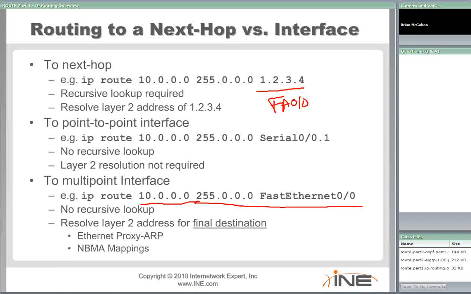The difference will be, who do we perform the layer 2 resolution for? In the case of the route going to the interface, we perform layer 2 resolution for the final destination.